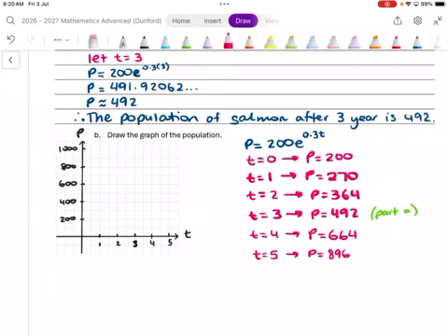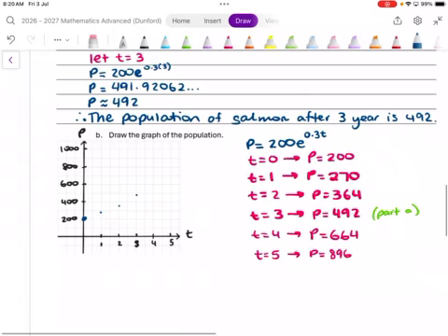We start off at t equals 0, P equals 200, so that's our y-intercept, and then we can just plot from there. What you can also do is just do your start and your finish and draw a nice smooth curve between them, because it's not going to be exact.